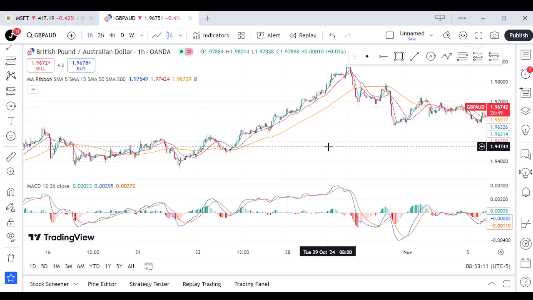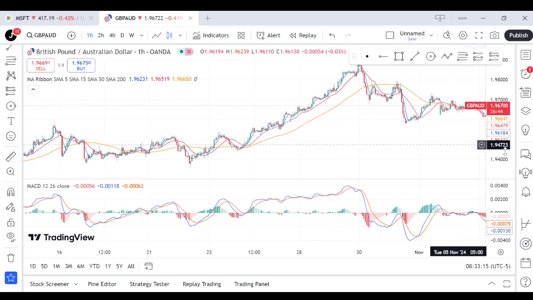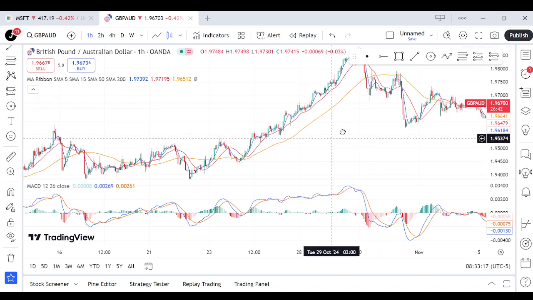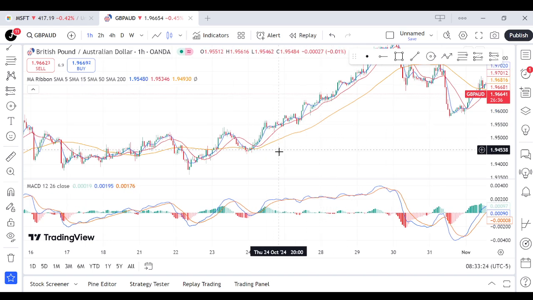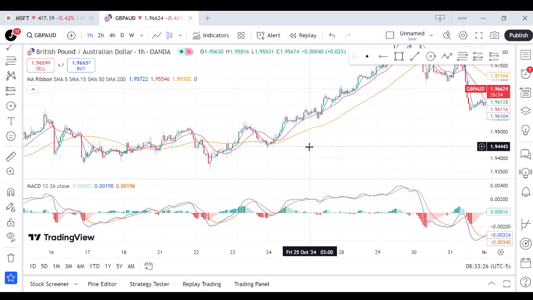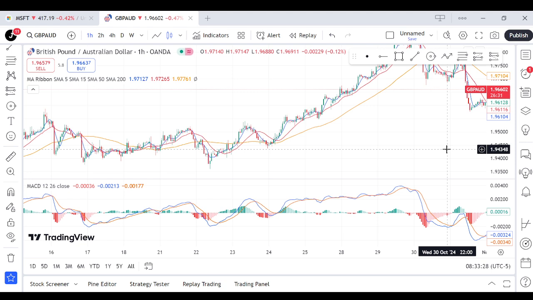So let's quickly look at the charts to identify trade entries using this strategy. In a bullish setup, you want to see the EMA 5 crossing above the moving average 15, while both are above the moving average 50.